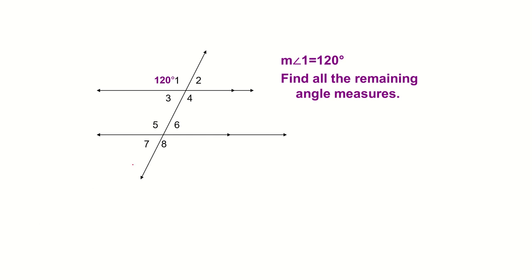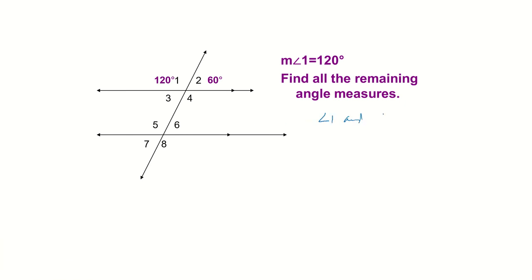First, angle 1 is 120 degrees. That's a given. So let's start with angle 2. Angle 2 is 60 degrees. Why? Because of the relationship between angle 1 and 2, let me write it down so that you will have your notes with you.